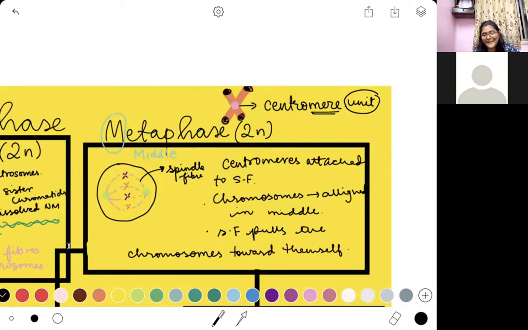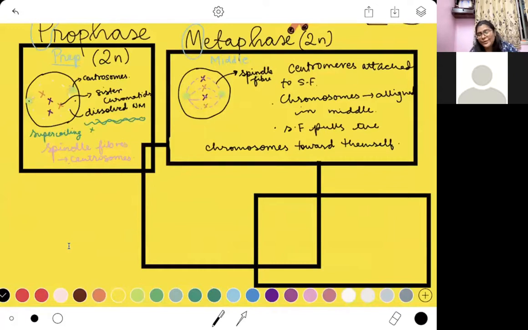This is something that is going to occur when your cells are undergoing the process of metaphase. These are all the events that you want to remember whenever you talk about prophase and metaphase.